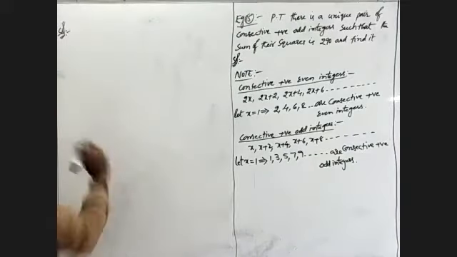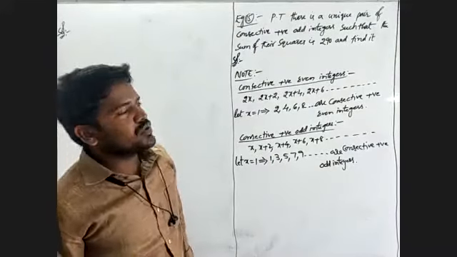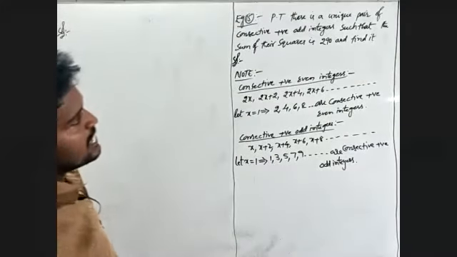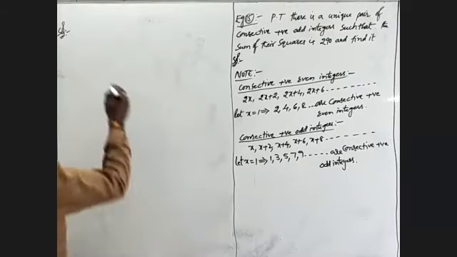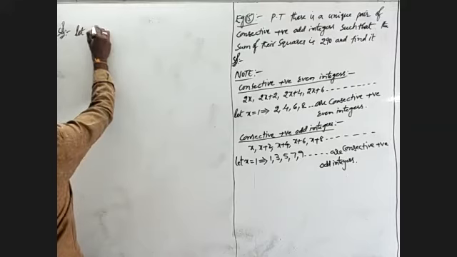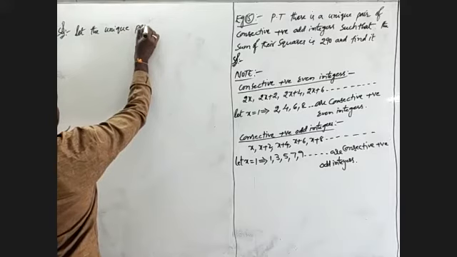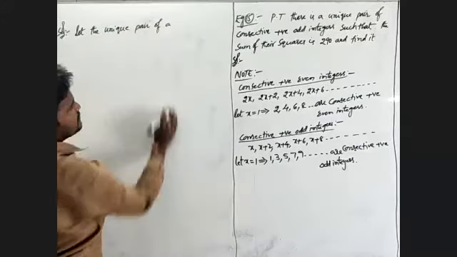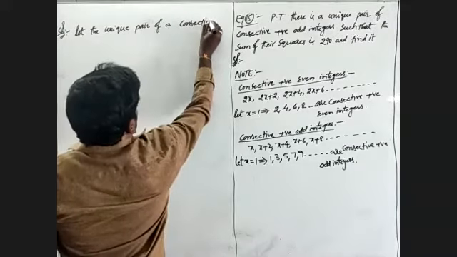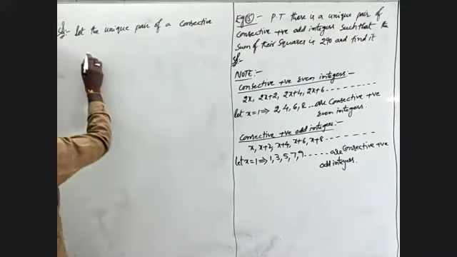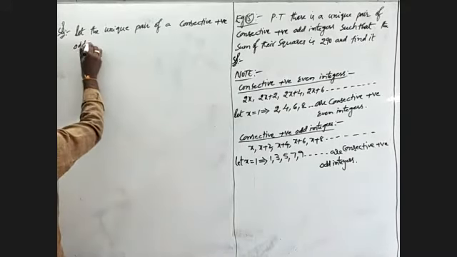What is given in this problem? Prove that there is a unique pair of consecutive positive odd integers. First, let the unique pair of consecutive odd positive integers be taken.